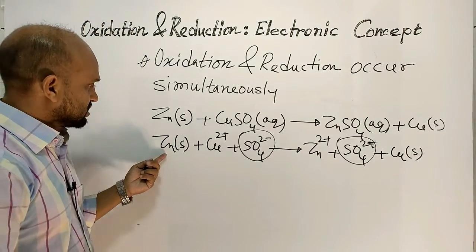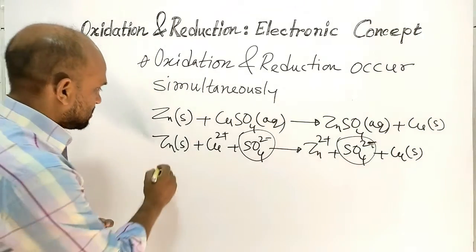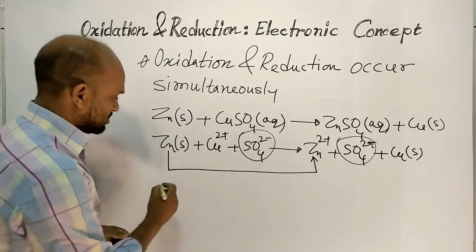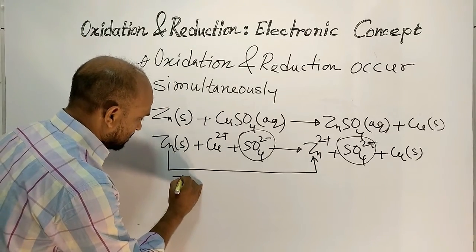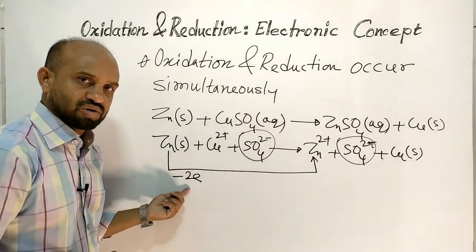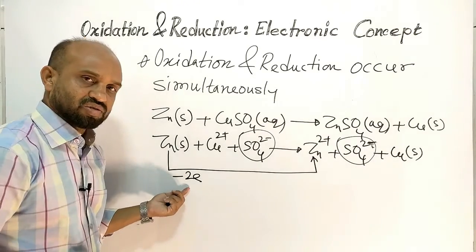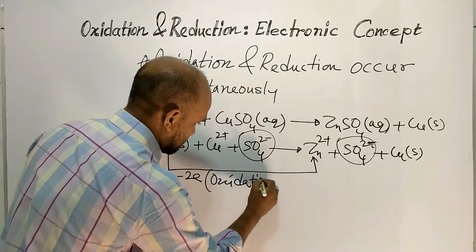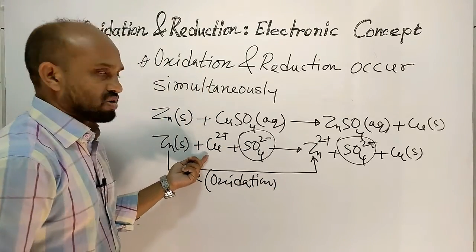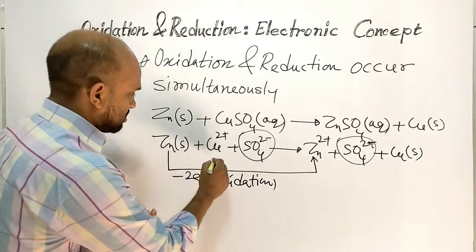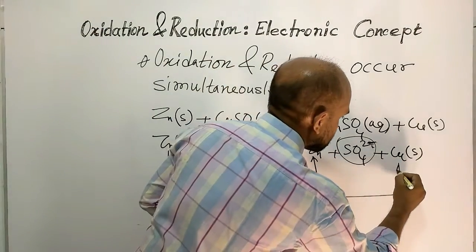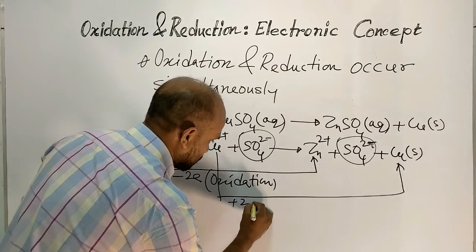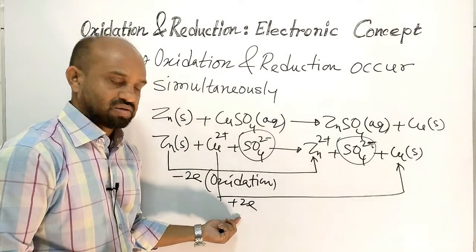But in case of zinc and copper, zinc is converted to zinc 2 plus. That means here release of 2 electrons occurs. Release of electrons is known as oxidation, and copper 2 plus turns into copper. That means in this case addition of 2 electrons occurs.